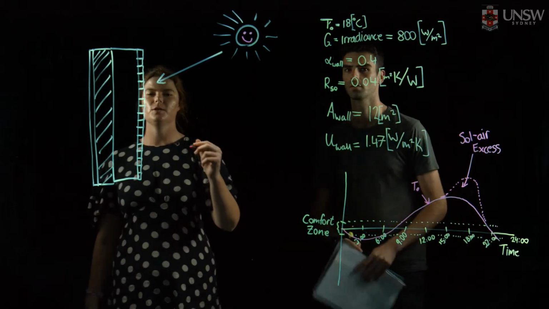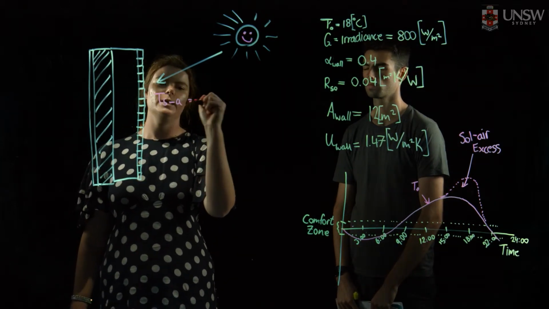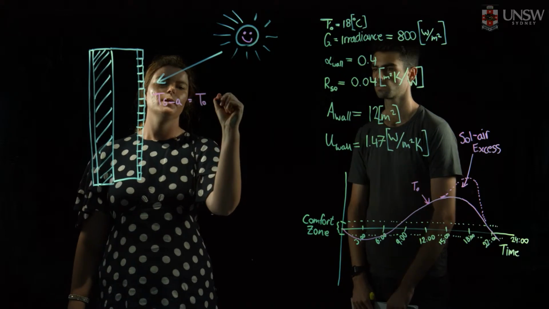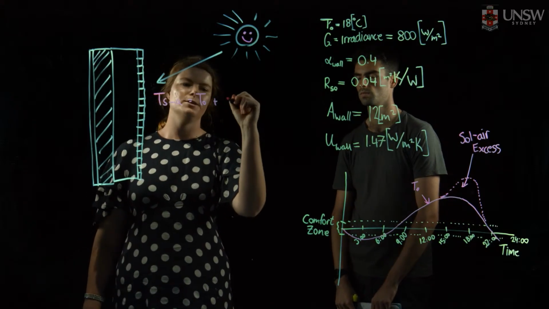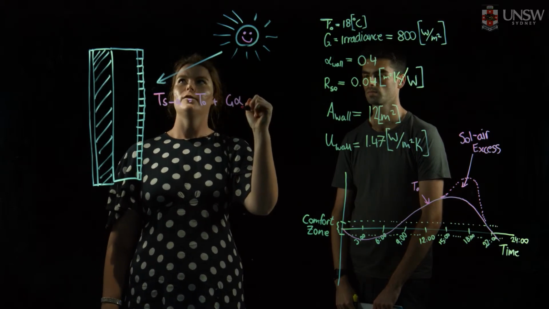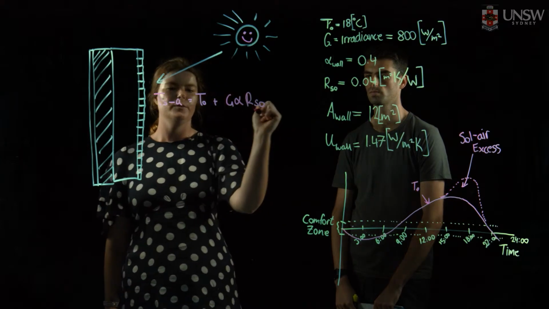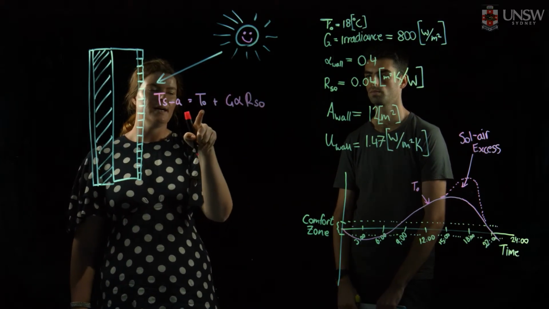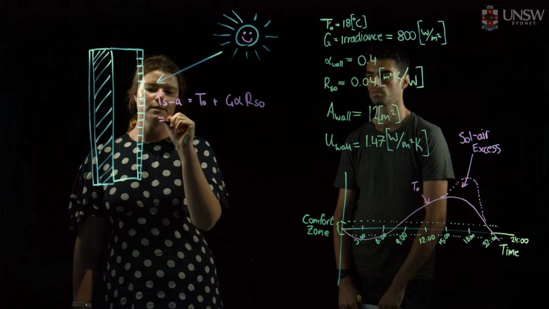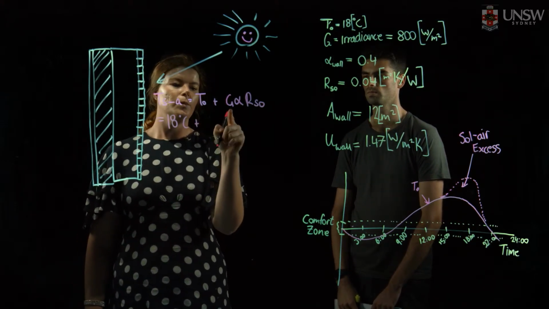Sure. So to find the solar air temperature, we use this equation. So solar air temperature is equal to the outside air temperature plus the excess solar air temperature, which is given by G, which is irradiance, alpha, which is absorptivity, RSO, which is the outside air film. So we know what the outside air temperature is. That's given to us in the question. That's 18 degrees C. And we also know what the irradiance is.